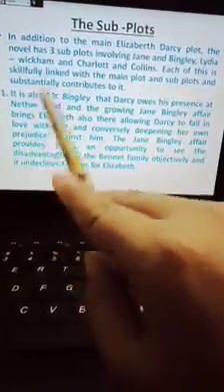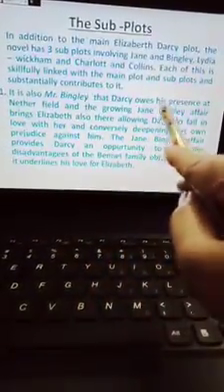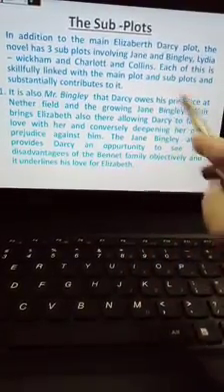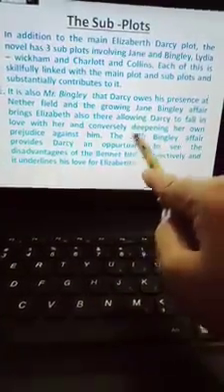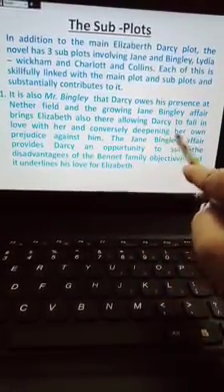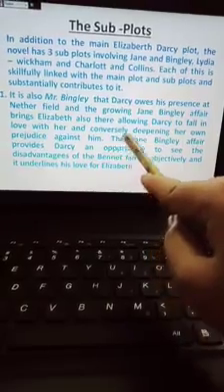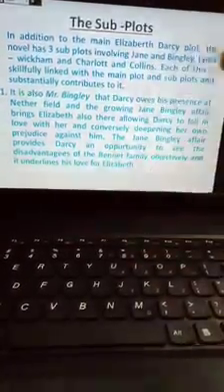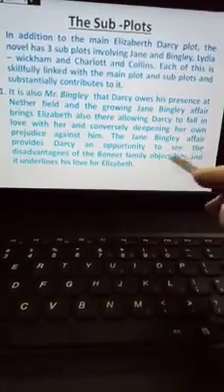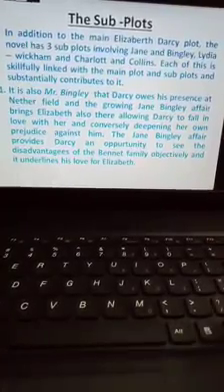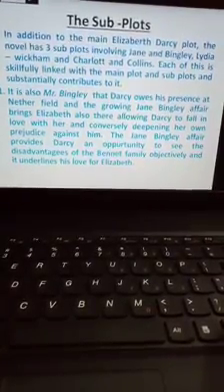Number one: it is also Mr. Bingley that Darcy owes his presence at Netherfield, and the growing Jane-Bingley affair brings Elizabeth there also, allowing Darcy to fall in love with her and conversely deepening her own prejudice against him. The Jane-Bingley affair provides Darcy an opportunity to see the disadvantages of the Bennet family objectively, and it underlies his love for Elizabeth.